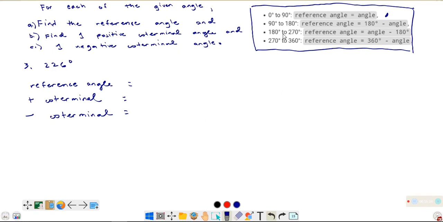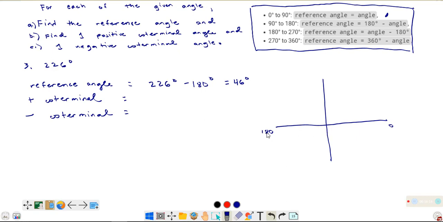That is 180 to 270. Nandun siya sa quadrant number 3. Ano itsura ni 226? So, kailangan daw, yung given angle natin, 226 degrees. Ito siya. Angle minus 180 degrees. So, 226 minus 180, we have 46 degrees. So, makakapag-create daw siya ng 46 degrees with the x-axis.